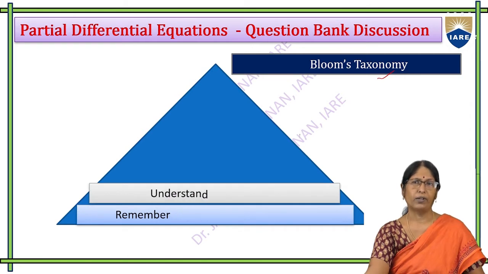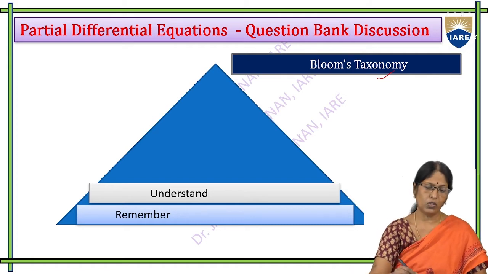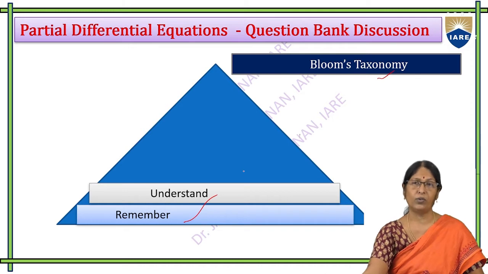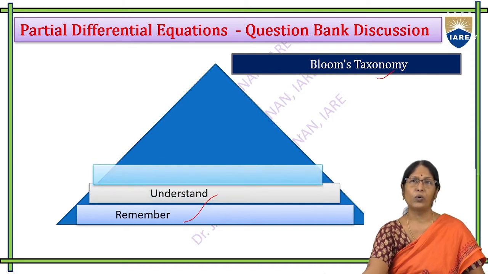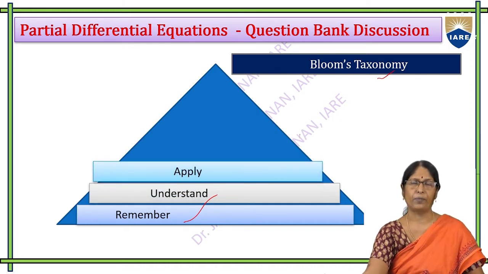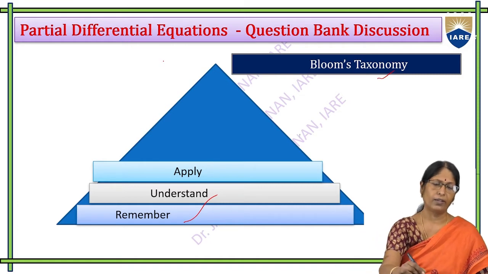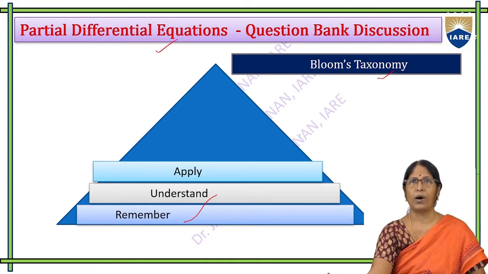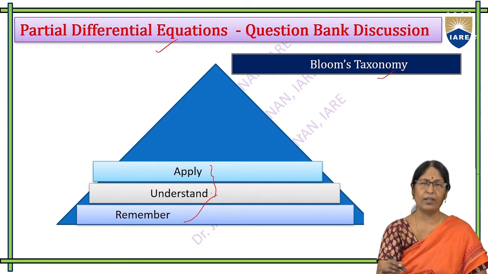With remember, that is recalling, the next level we move to is understand. With that knowledge of these 2 levels, we go to the 3rd level, apply. So the questions prepared in our question bank regarding the 5th module, partial differential equations, satisfy these 3 levels of Bloom's taxonomy.